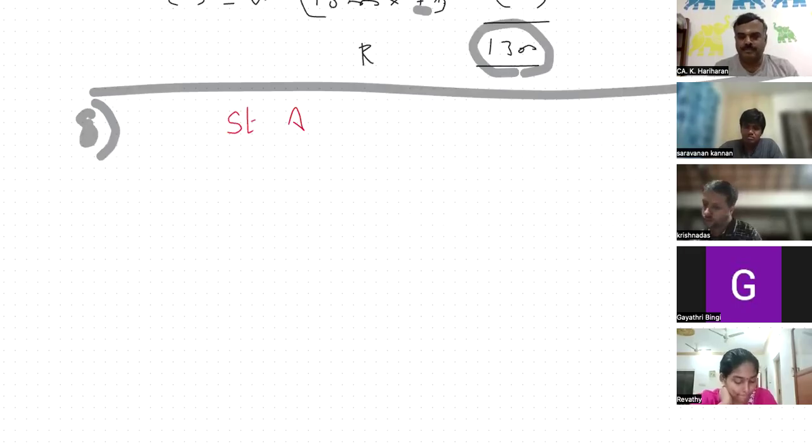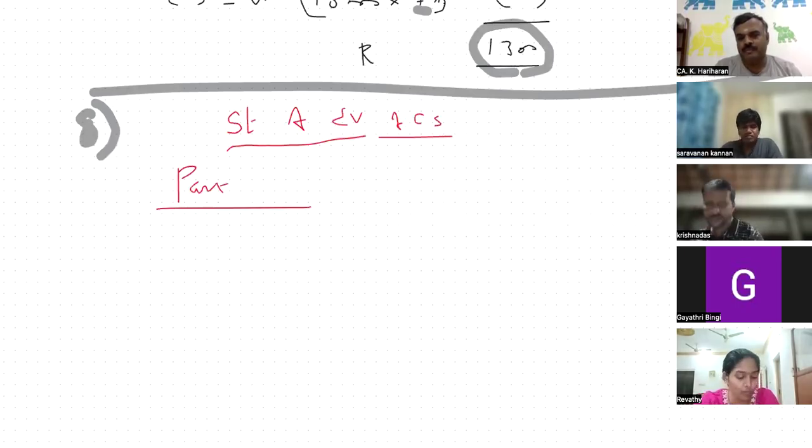Particulars. Option 1: additional fund by way of loan, debt. And option 2: additional fund by way of equity share.